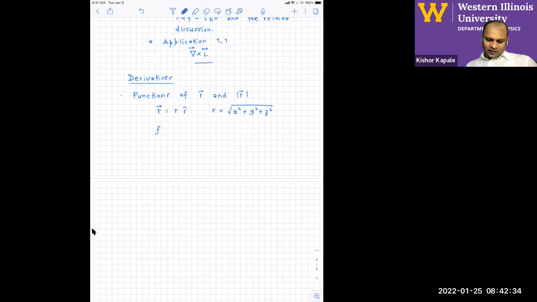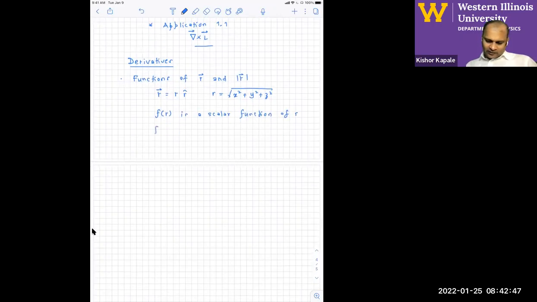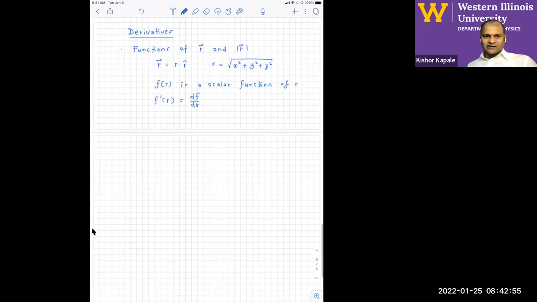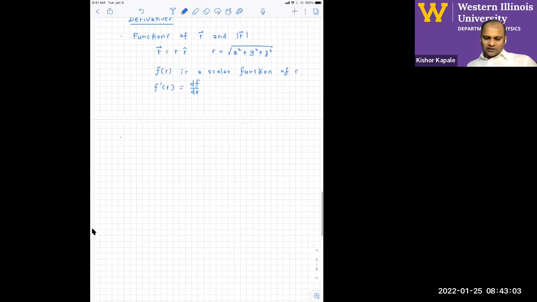Let's take f of r as a scalar function of r. Then the derivative is simple. This is something you're familiar with. But when you're dealing with fields and r vectors, you are going to have various other interesting combinations.